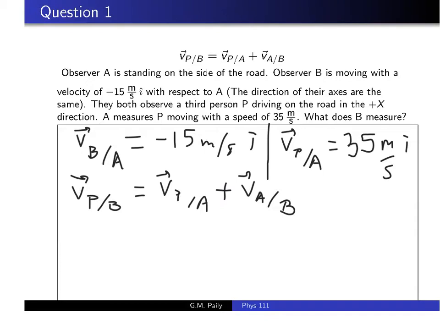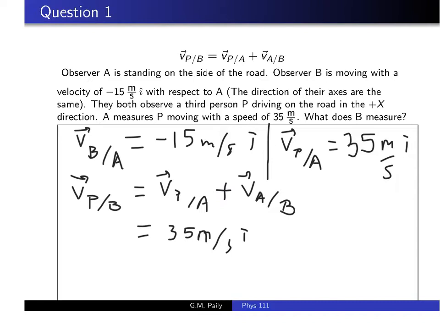The first we know is 35 meters per second I hat, but the second is the velocity of A with respect to B, whereas we know the velocity of B with respect to A. However, the two are simply related.